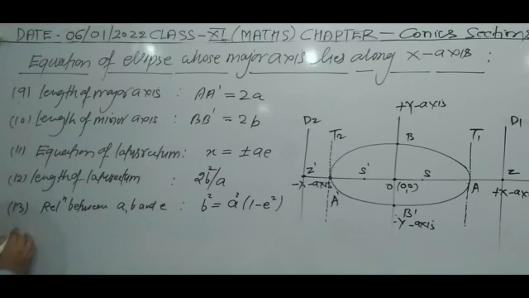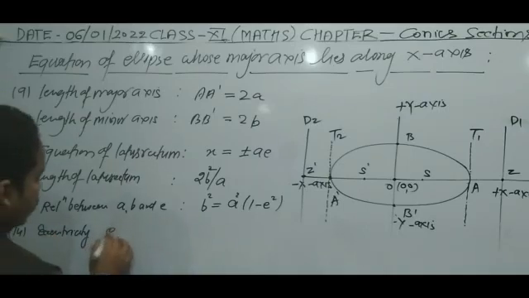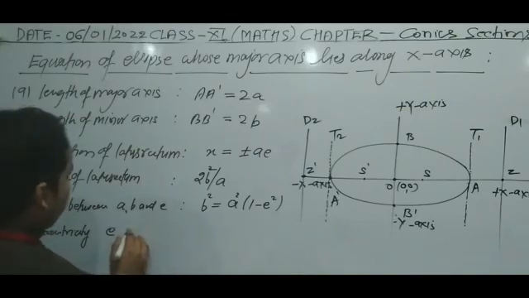Now 14th is eccentricity e, that is less than 1.